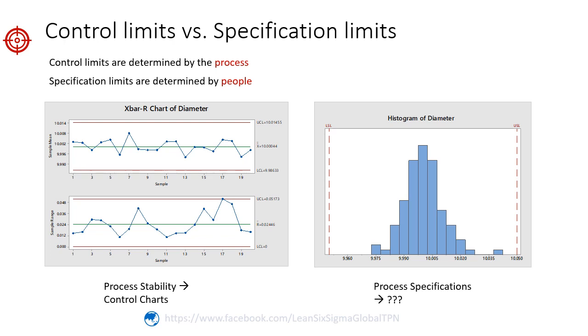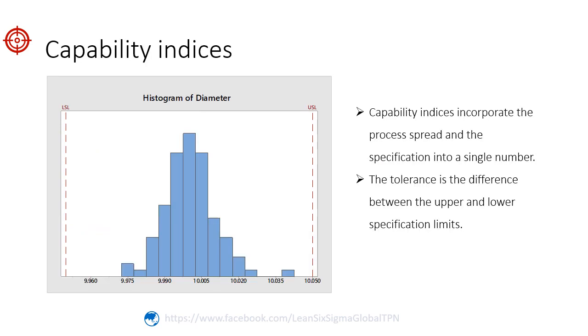Then how do we determine if the process is meeting specifications? To assess the performance of a process relative to a specification, we can calculate capability indices. A capability index incorporates the process spread and the specification spread.